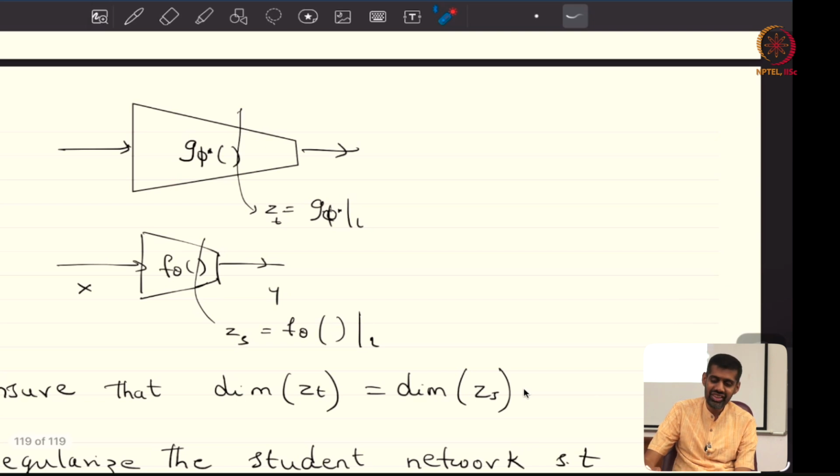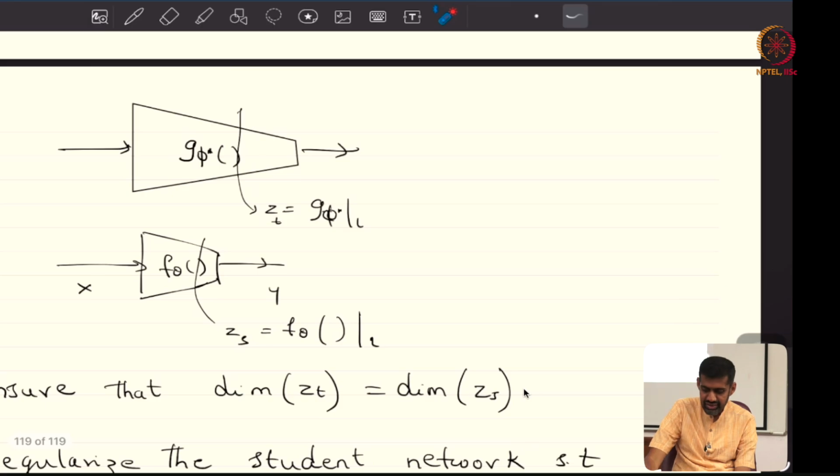If you make the student and teacher the same size and distill, will the student do better than the teacher? The paper that I mentioned actually says that if you distill with the same size, the distilled model will do better because it handles the label noise. Empirically, in most cases you can actually see that. So distillation can be used as a way to regularize.